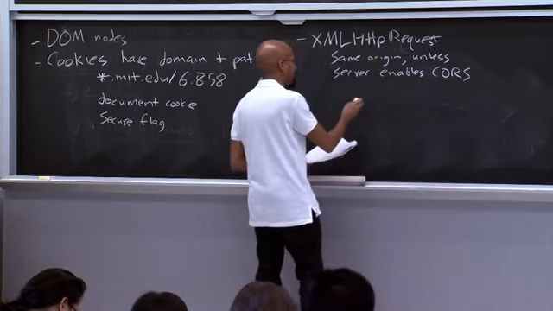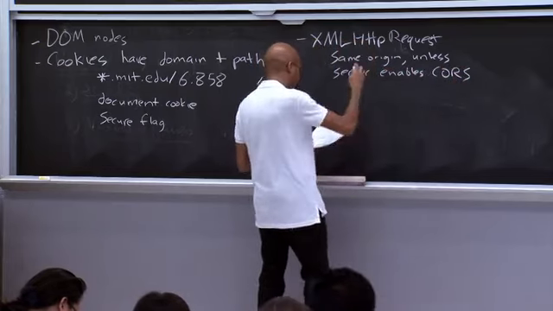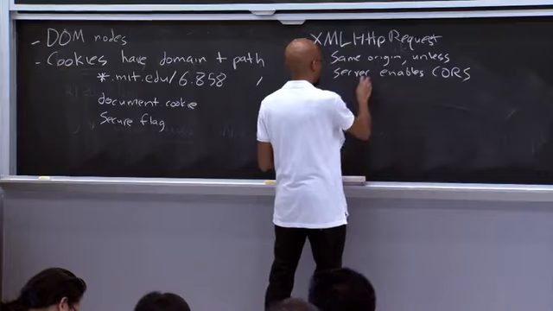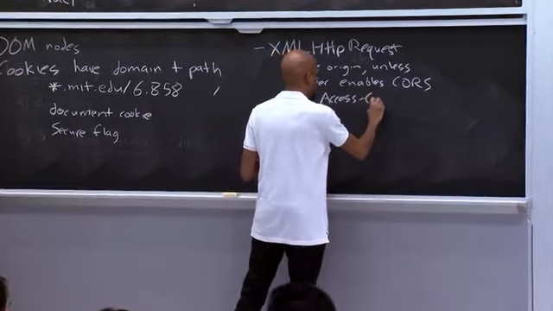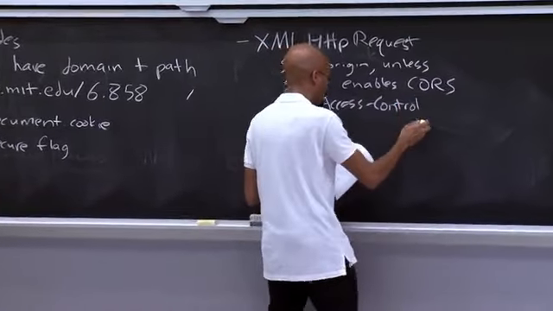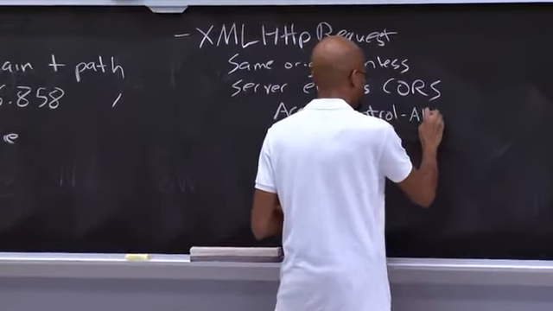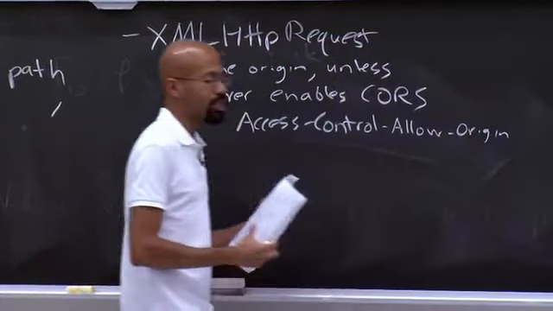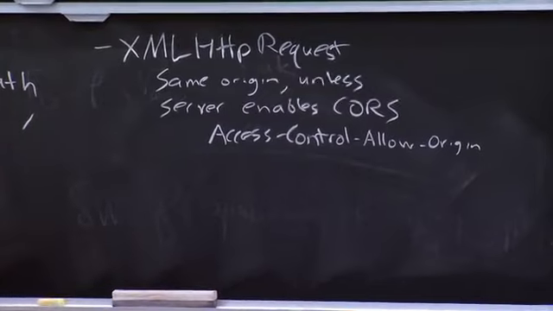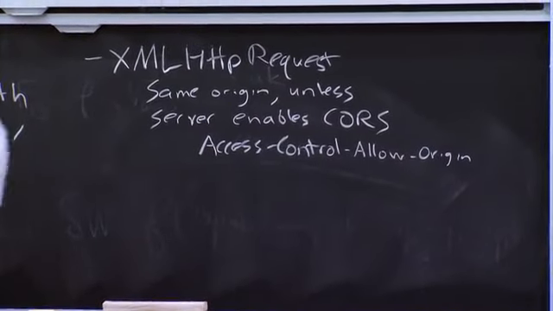Basically, this adds a new HTTP response header called Access-Control-Allow-Origin. So let's say that JavaScript from foo.com wants to make an XML HTTP request to bar.com.